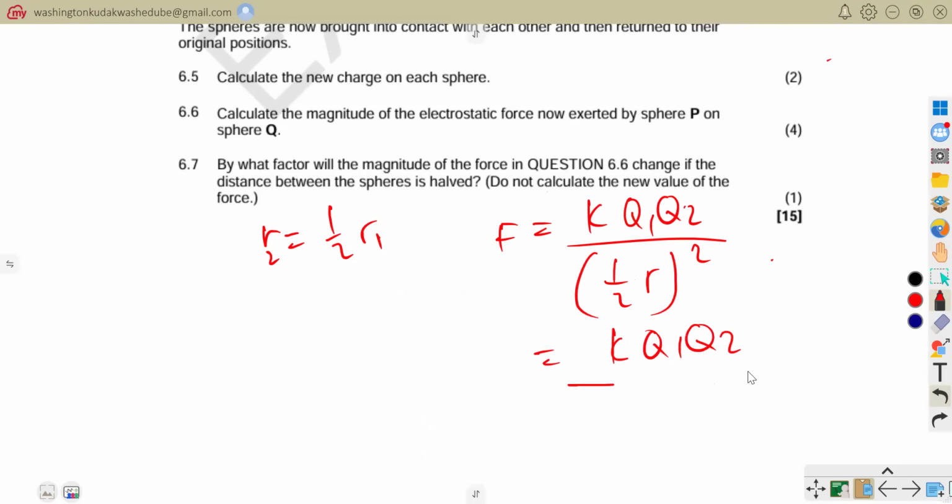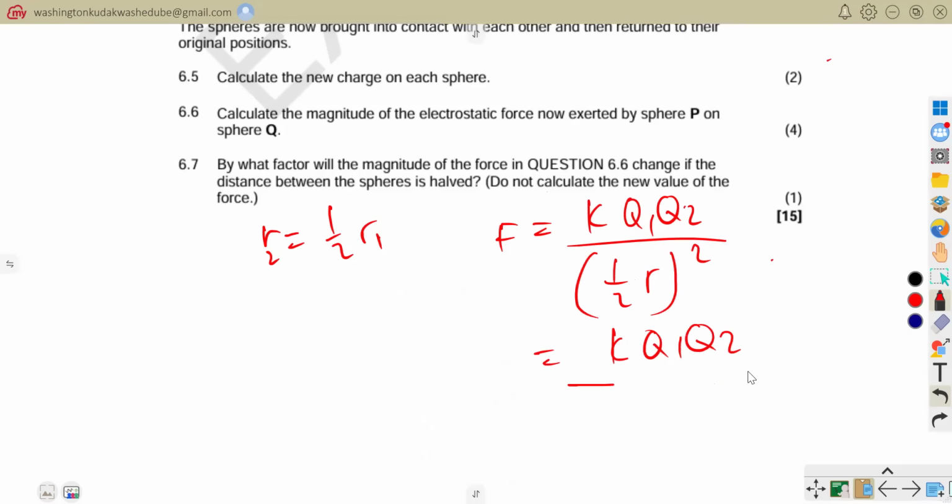So you would just come here and say that it would increase 4 times. So it would be 4 times greater. You did not need to show any calculations. You would say 4 times greater. That is how it would change there.